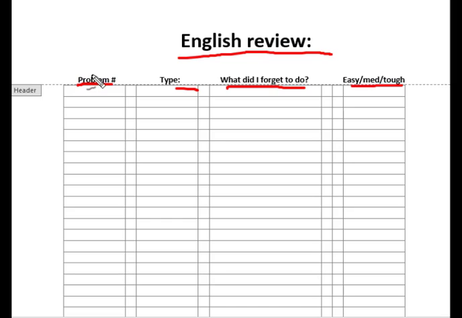Let's go ahead and do an example. Let's say that I missed problem number 15 on the English, and I identified 15 as being one of the rhetorical skills. It's about the whole passage. It says, suppose the author had intended to write an essay about. I would simply write Formula A here in the type. Then, what happened? I forgot to do the process.